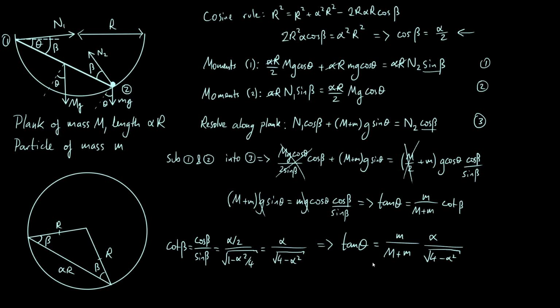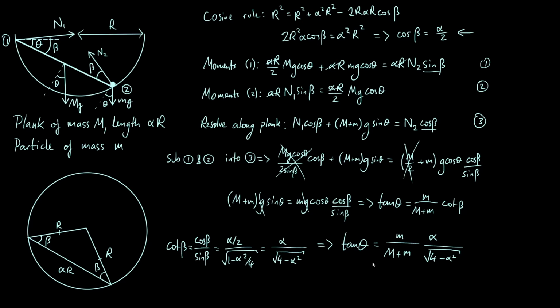That is basically saying that when your particle has almost no mass, the Planck is just going to settle in a horizontal configuration, because theta is almost 0. Which is exactly what you would expect, because if there's no particle, then there's no reason for the Planck to choose some particular angle theta. You would expect it just to be horizontal. Okay, so that's in line with our physical expectations.